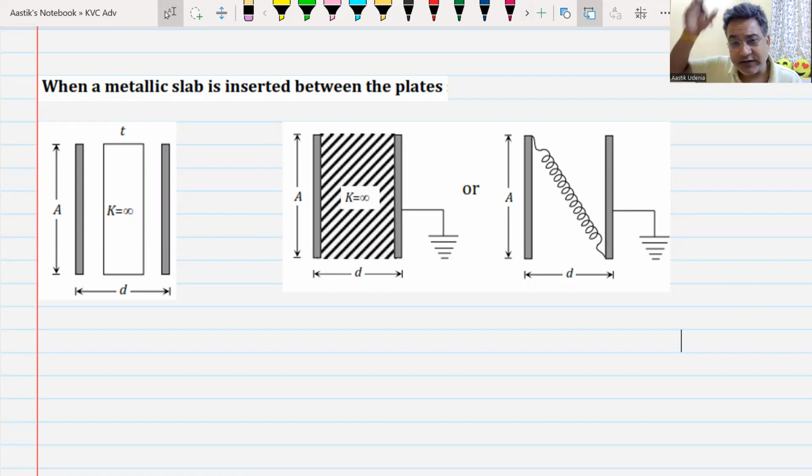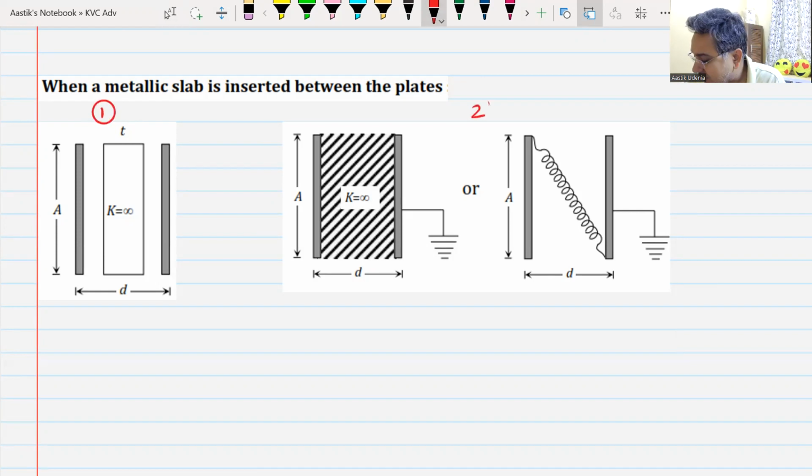In case number 2, we are filling up the entire space. If you want to call the third case as case number 3, a wire is connected between the two. In fact, I will call this as case number 1 and this entire thing as case number 2. Can you tell me, by whatever we know already, what will be the capacitance in the first case?